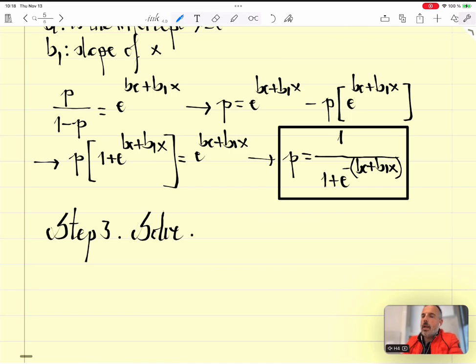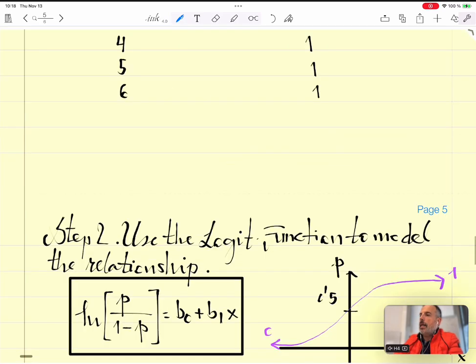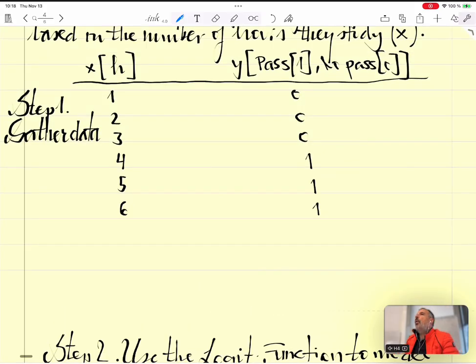So now we look at the data. Where is the change between 0 and 1 very likely to happen? Between 3 and 4, right? So somewhere here, between 3 and 4 is the change.